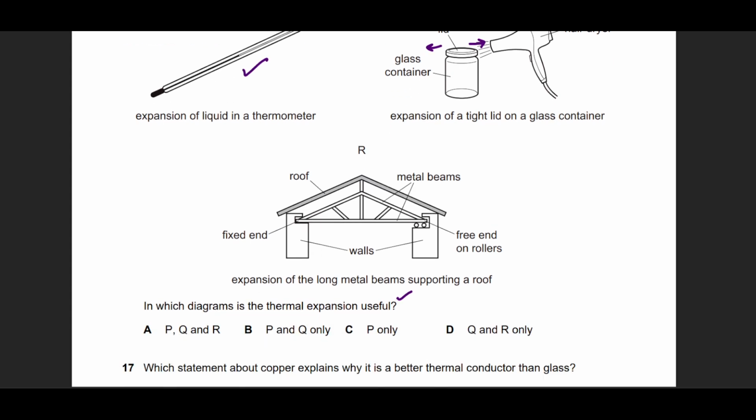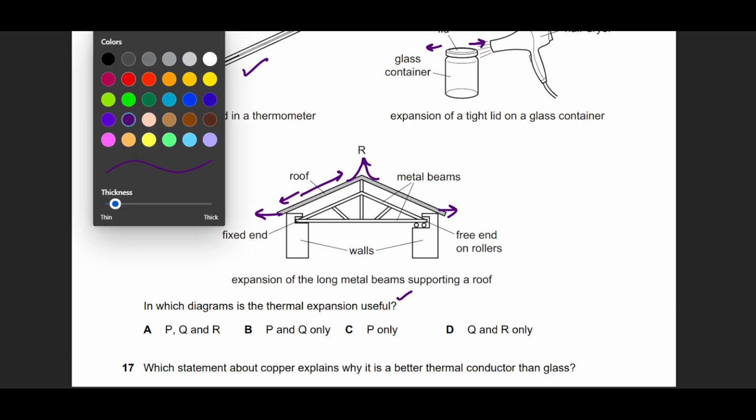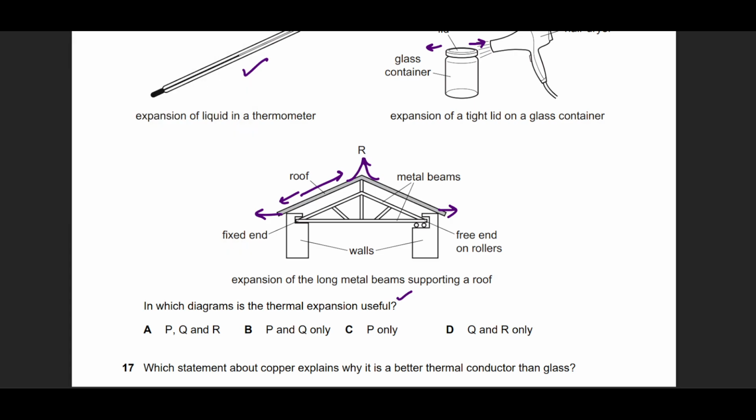You see, we have metal beams and everything in place, right? But what if this were to expand in this direction, or this was to expand in this direction? In any direction, the most fatal direction in which the expansion would not be acceptable is actually in this direction, right? What if the roof starts expanding and they actually budge out of that position entirely?